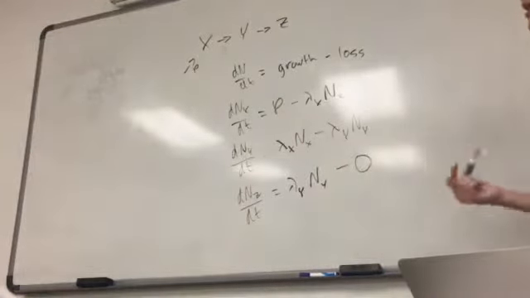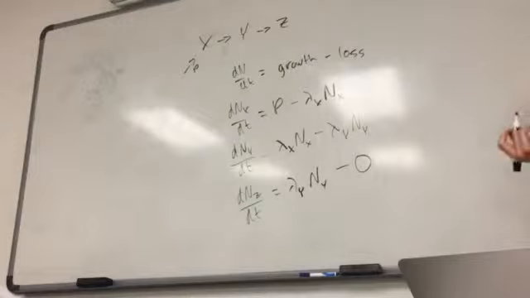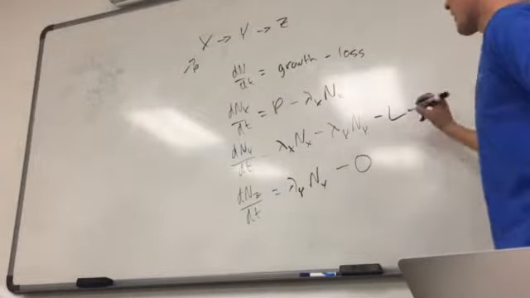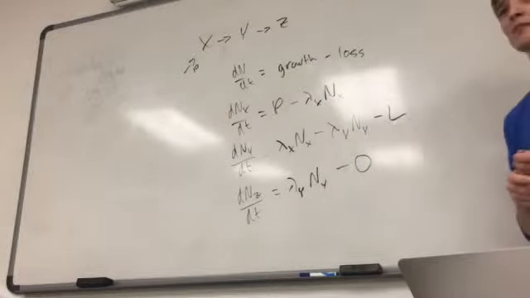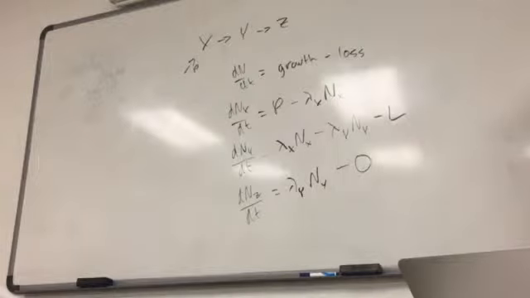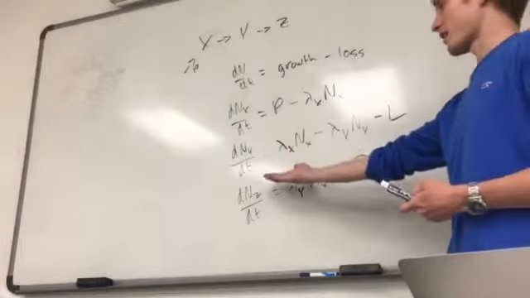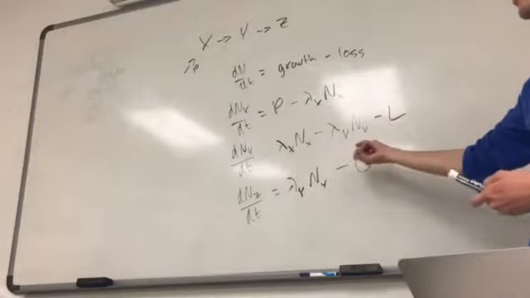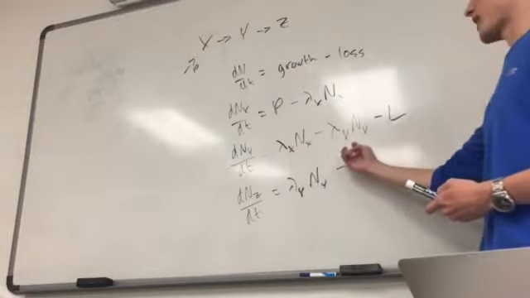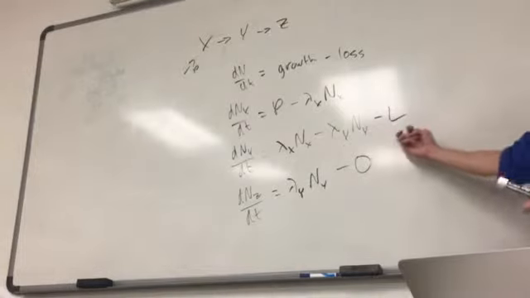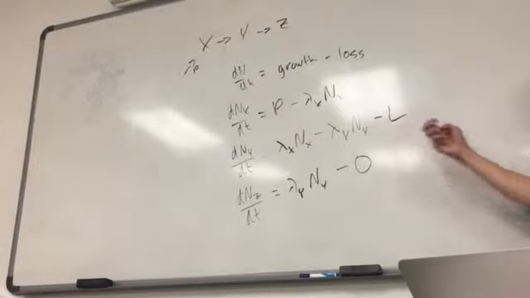But you should think about how you might calculate L. It just depends on the problem. It shouldn't be too hard, but it's important to keep in mind that if you were extracting Y as you were producing it, but it's also decaying, you're going to have it being produced, decaying from nuclear decay, but also disappearing from some chemical extraction.